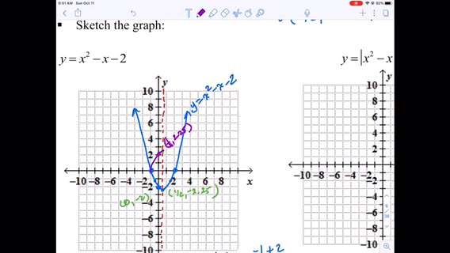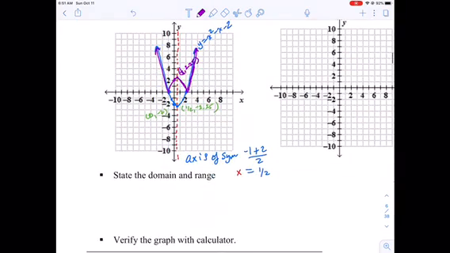And my graph will look something like this. And of course, these are invariant points. Right, there is our corresponding graph.